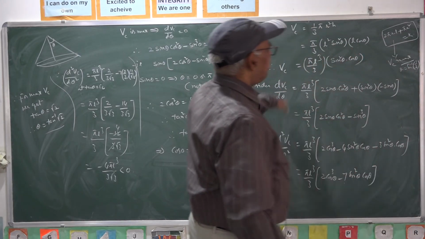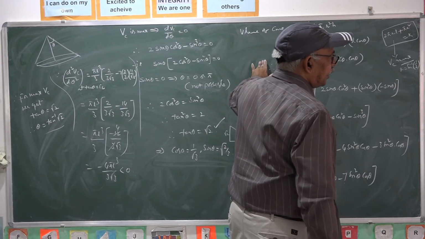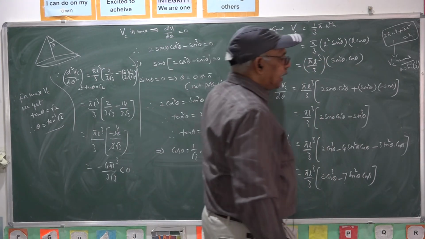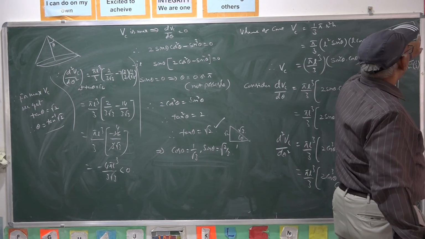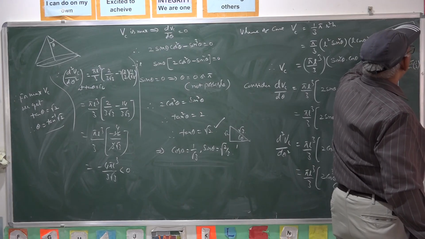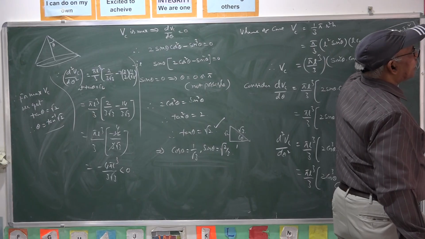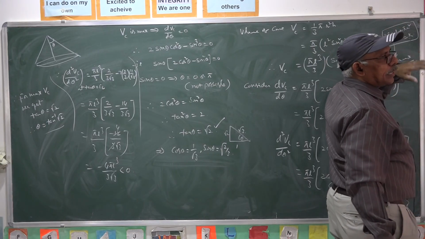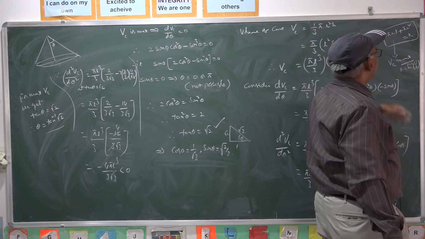Same model, same procedure. But instead of the slant height being constant, here 2 pi r L plus pi r square is constant. Here you can change r in terms of L and theta. You get a relation between L and theta, so L can be written in terms of theta.